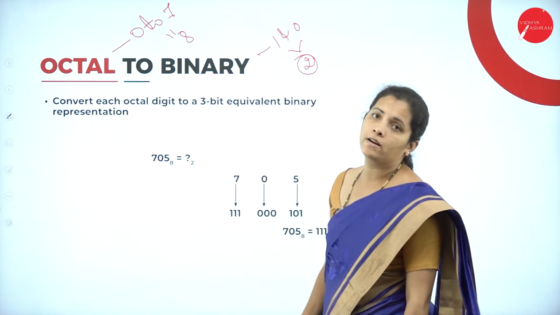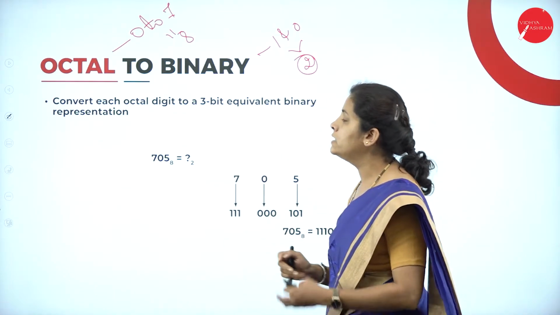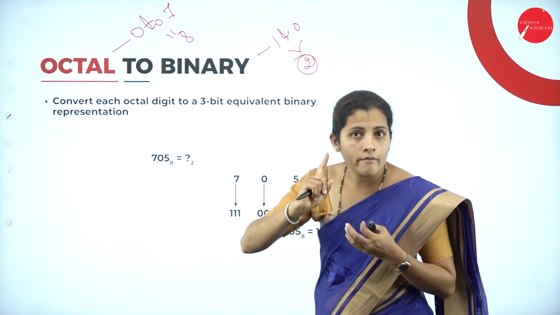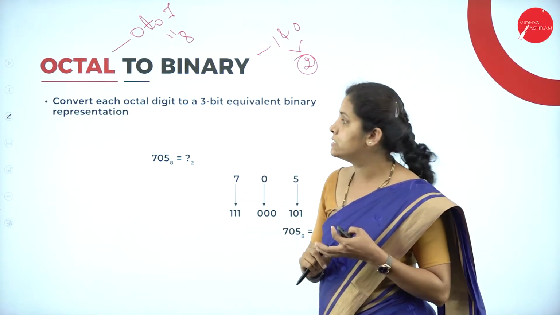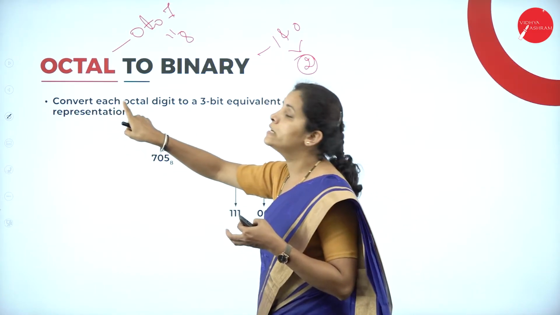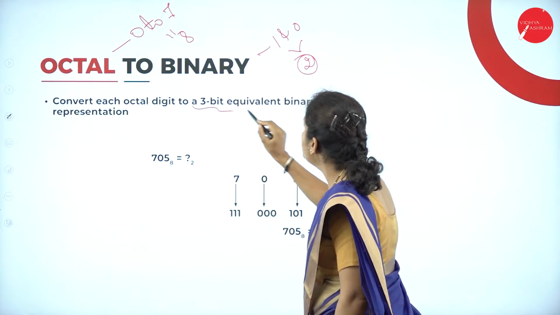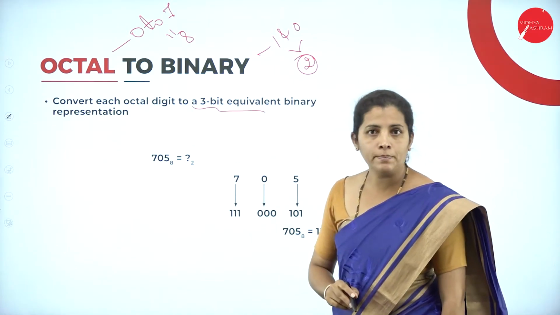How to convert octal to binary? To represent 0 to 7, we require 3 bits. So here convert each octal digit to a 3-bit equivalent binary representation.